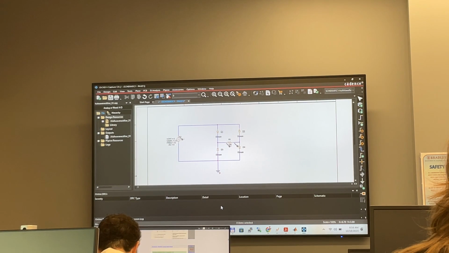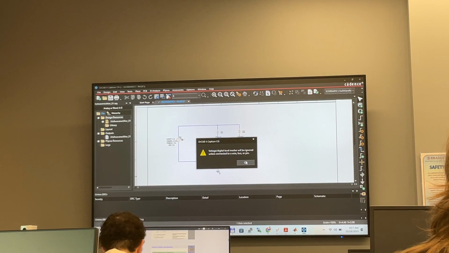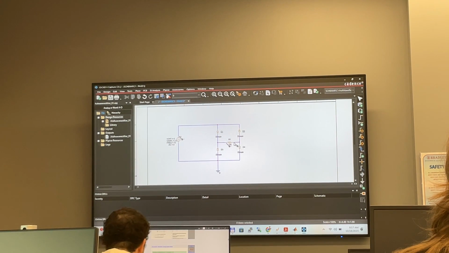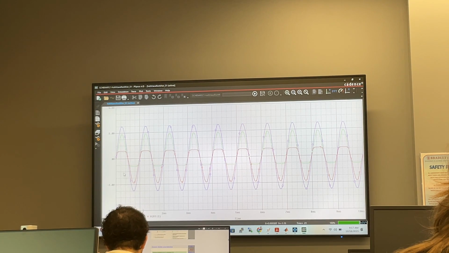Okay. So now if you run PSpice, it is showing the voltage of one terminal of the resistor in green, the other terminal of the resistor is in red.